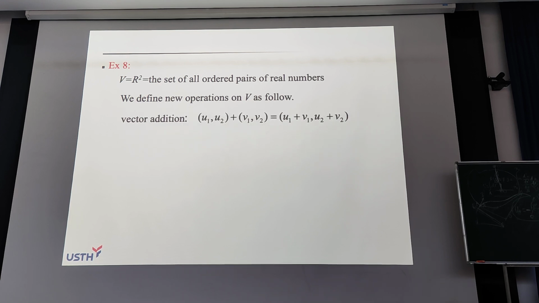Suppose that we consider V to be that, then we define the addition of u and v as usual. But now the scalar multiplication is quite different. We define a new operation. We call it scalar multiplication, but now the formula is c ⊙ (u1, u2) equals (c u1, 0). That is a new operation.